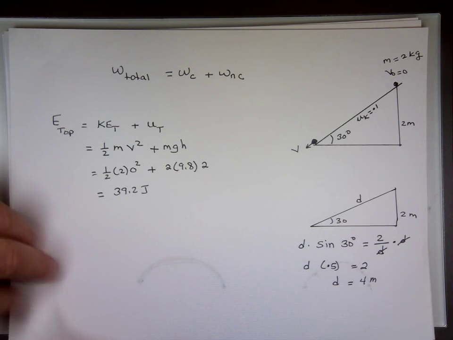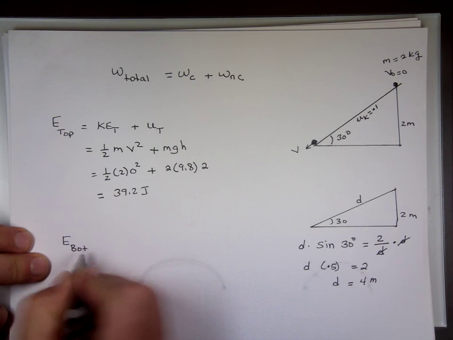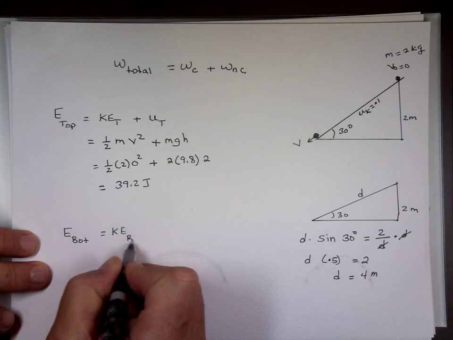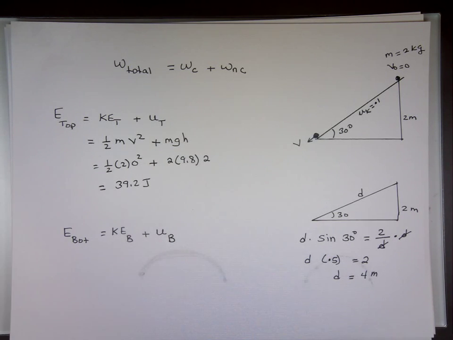How much mechanical energy at the bottom? It's the kinetic energy at the bottom plus the potential energy at the bottom, just like we did last class.